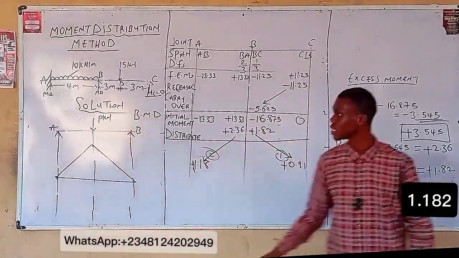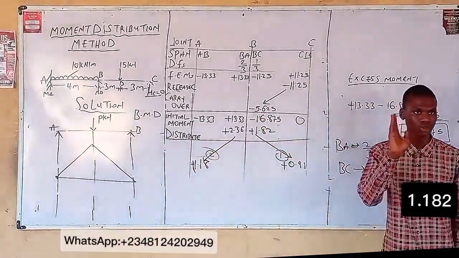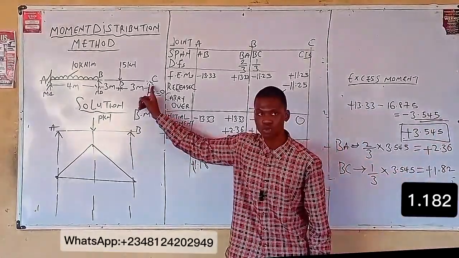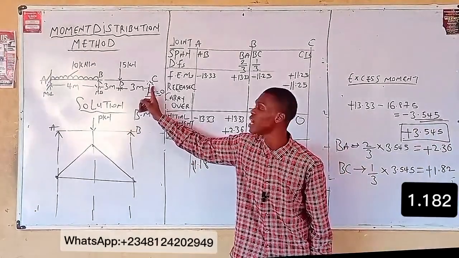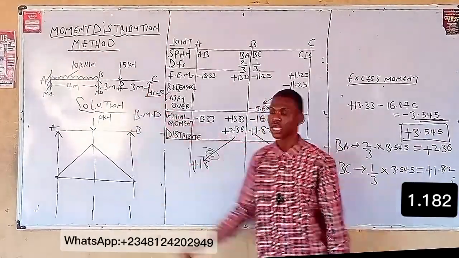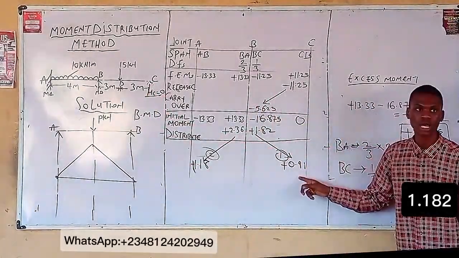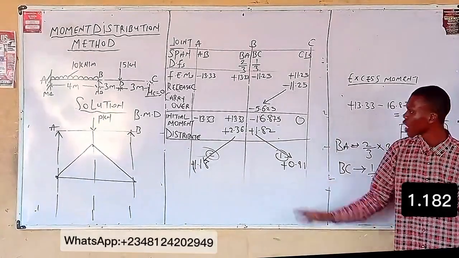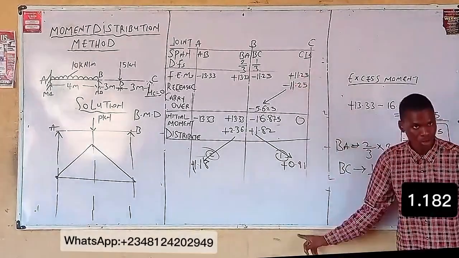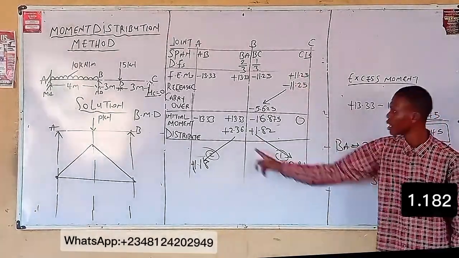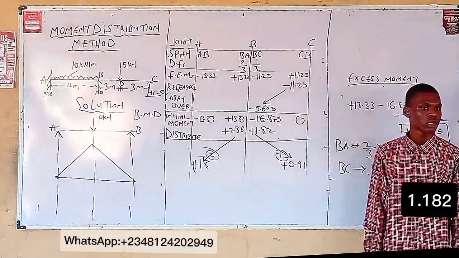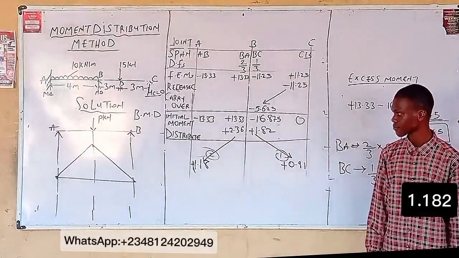Now, I want to ask this question. From what I've explained earlier, the moment at this point will be 0. Now, me carrying over another value here, is it proper? No. Because you already know the value of the moment here will be 0, so there is no need to carry over what you distributed. You are not releasing anything.